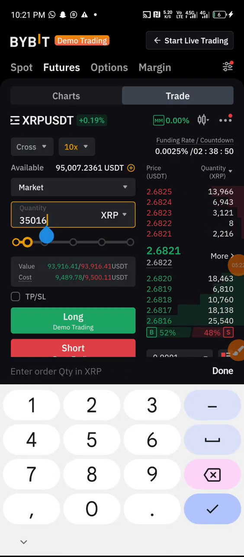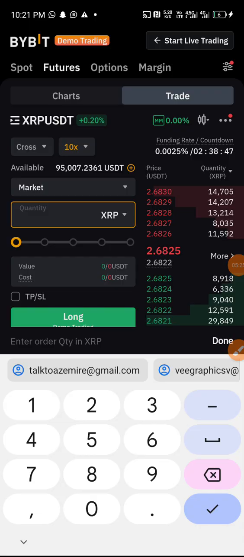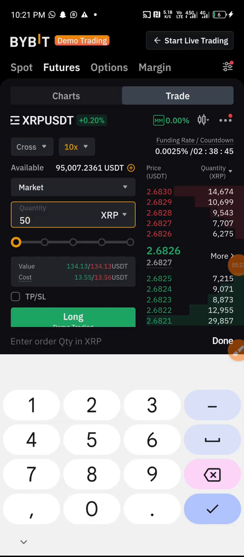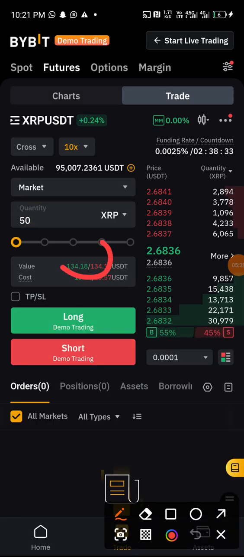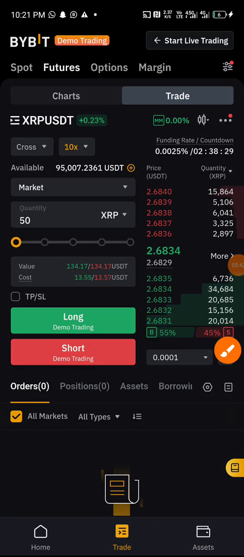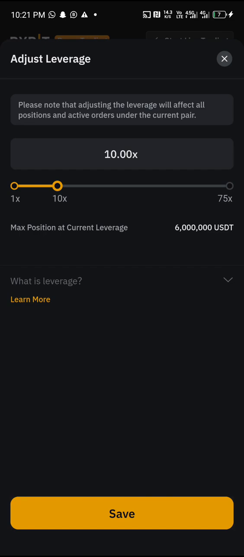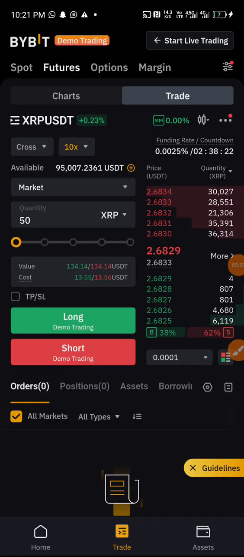Let's say I want to get 50 of this XRP. So 50 XRP will cost me 134 USD. Let's say in this 134 I want to use 10 leverage, which is this. Just watch carefully. If you have any question, drop it in the comment section, and I'll attend to you ASAP.